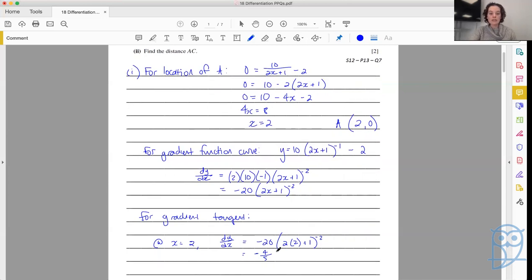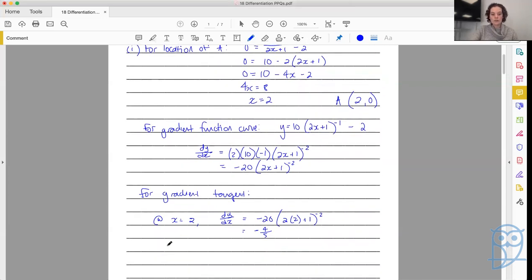So that is the gradient of our curve. And we can also say mt equals dy by dx at A. Therefore, mt equals minus 4 over 5.